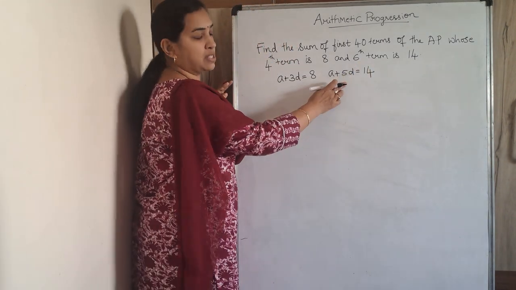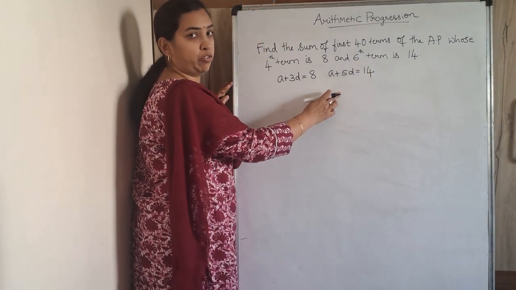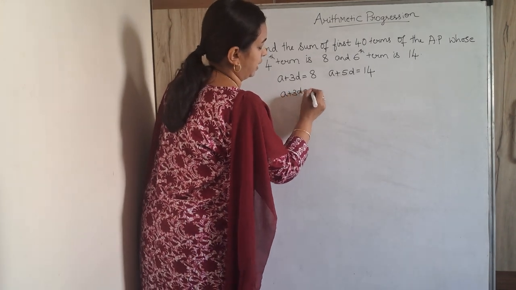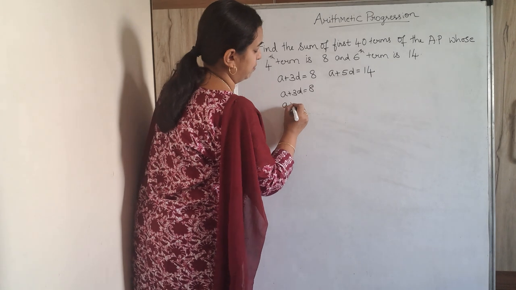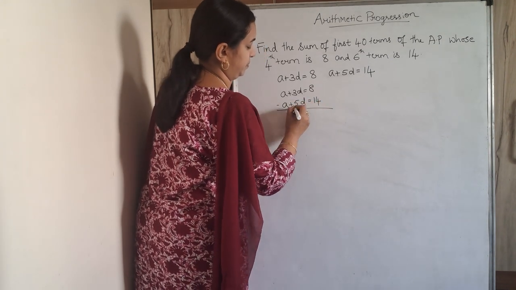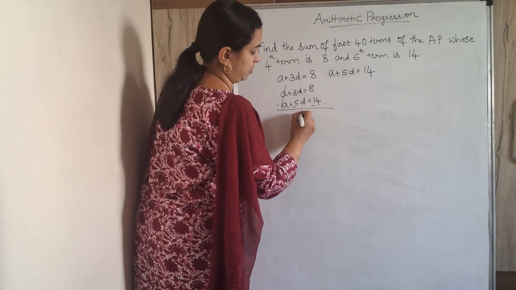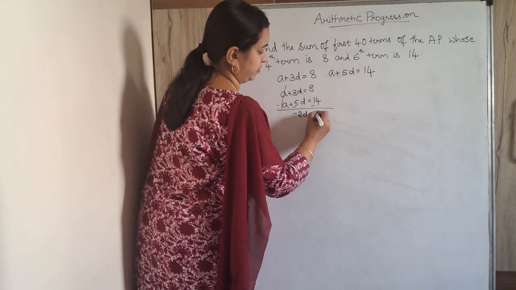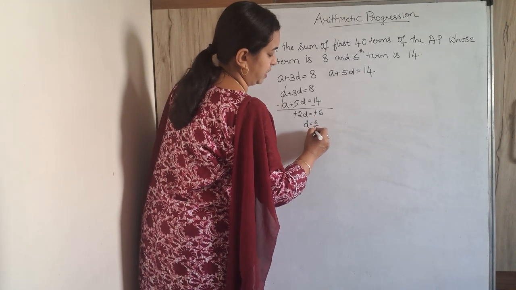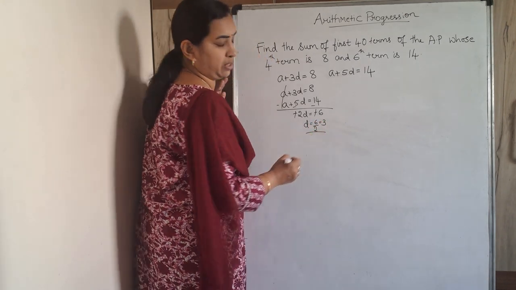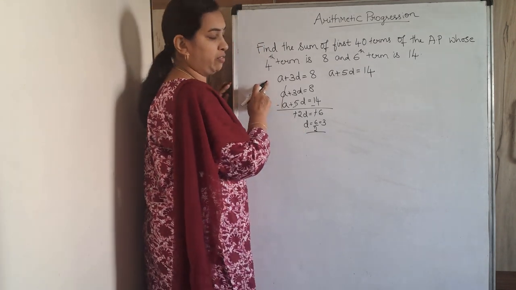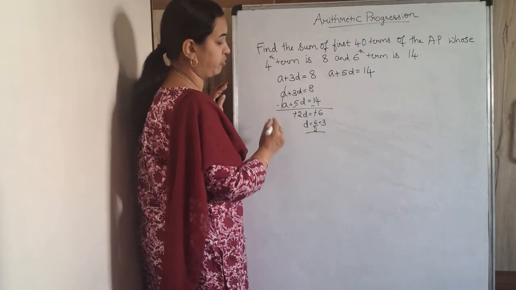First let's solve these two equations to find the values of A and D. A plus 3D is equal to 8 and A plus 5D is equal to 14. So your D will be 6 by 2, which is equal to 3.